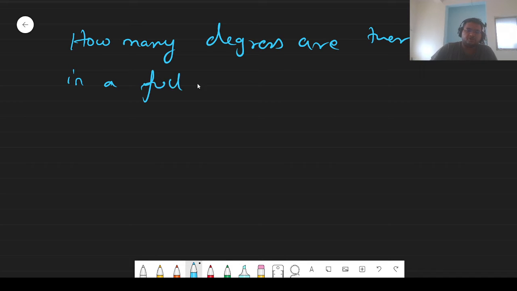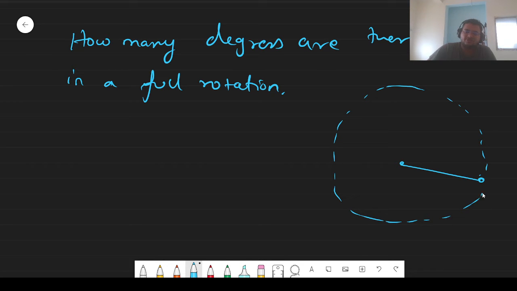In full rotation, what does it mean? It means if the rod was there, and I am rotating it, making a whole circle and bringing it back to its position. So this will be the angle formed originally. The total degrees which it has been rotated will be equal to 360 degrees. Okay.